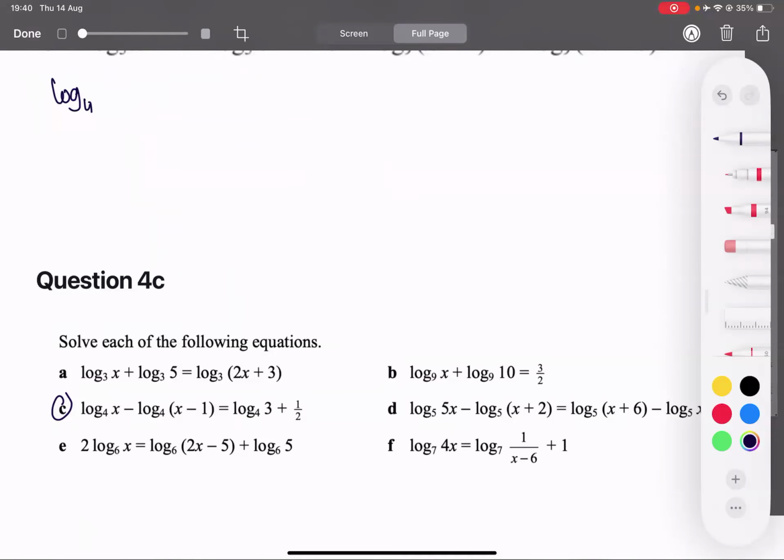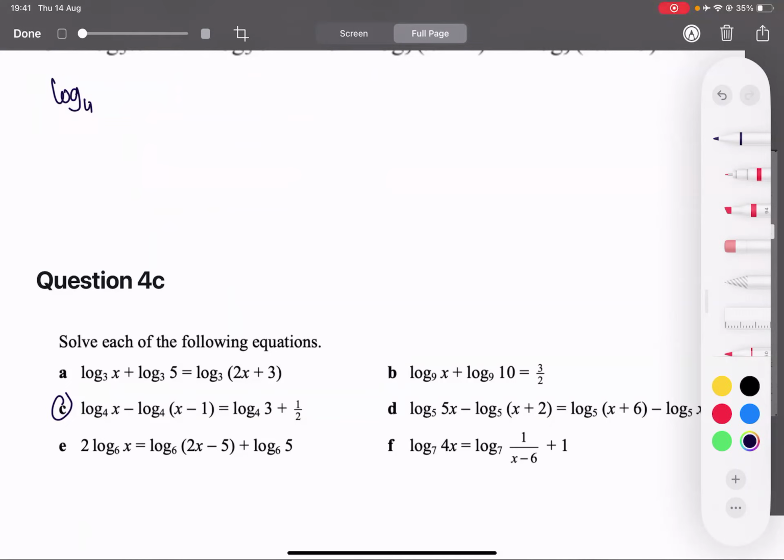Because 4 to the power of a half is 2, then you can write a half as log 4 too. Okay, that's all right. Did you already know that from before? Yeah. Oh, okay. That would have been quite hard for me, so I'll show you what I would do. But if you're able to spot that, that's perfect.